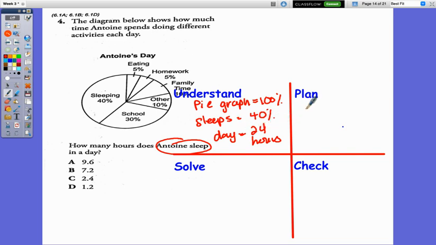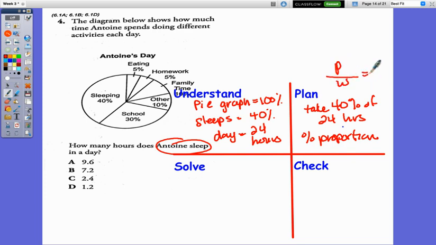So my plan is to take 40% of 24 hours using a percent proportion. What is the percent proportion? Everyone should be saying part over whole equals percent over 100. So we're going to go ahead and get our problem started.